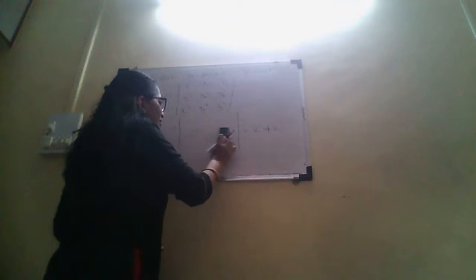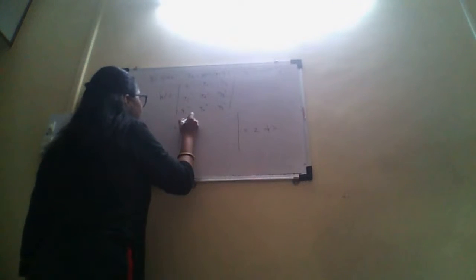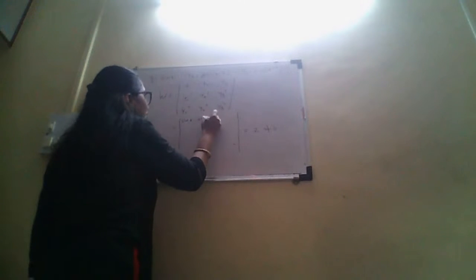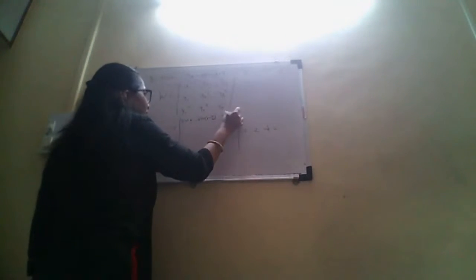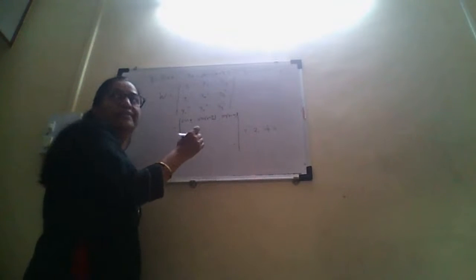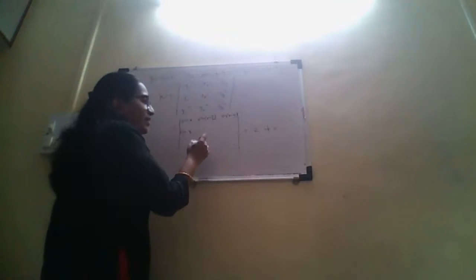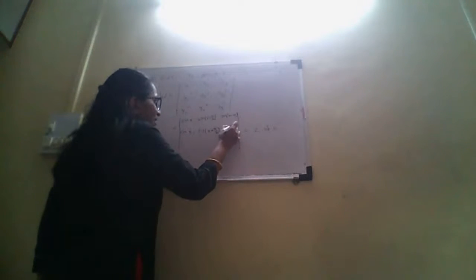Now we put here y1, y2, y3: sin x, sin of x plus pi by 2 and sin of x plus pi. The derivative of sin is cos, so over here it is cos x, cos of x plus pi by 2 and cos of x plus pi.